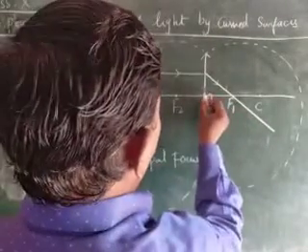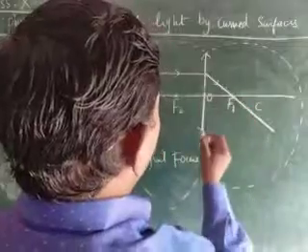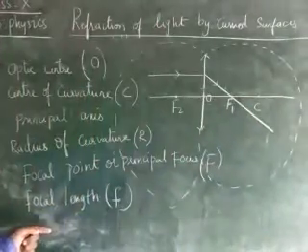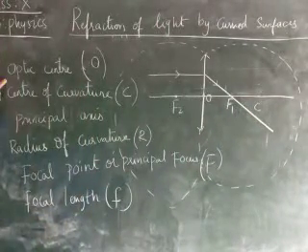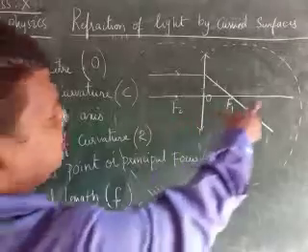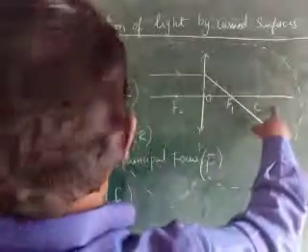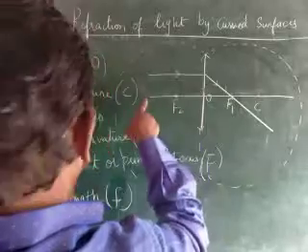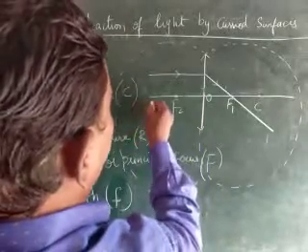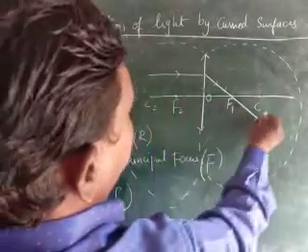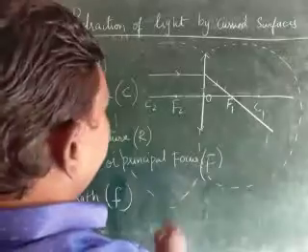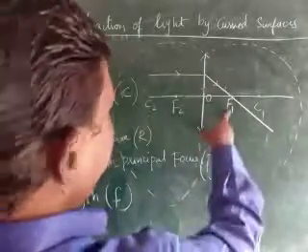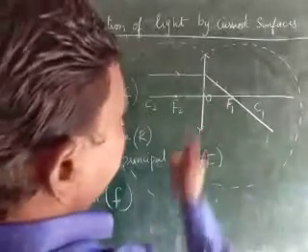The distance between the optic center and the focal point is called the focal length. Here we have the optic center, center of curvature, principal axis, radius of curvature, focal point, and focal length.